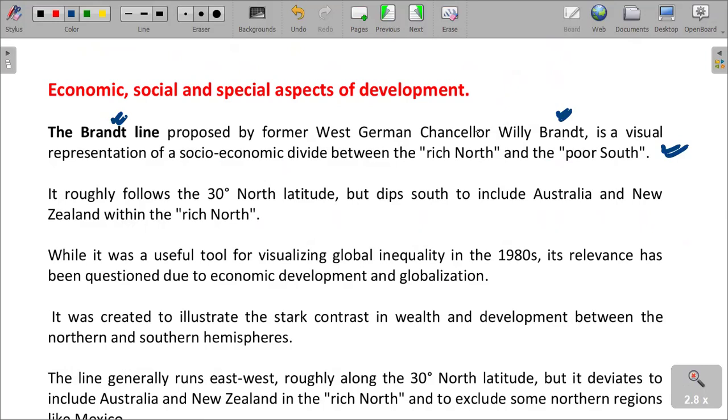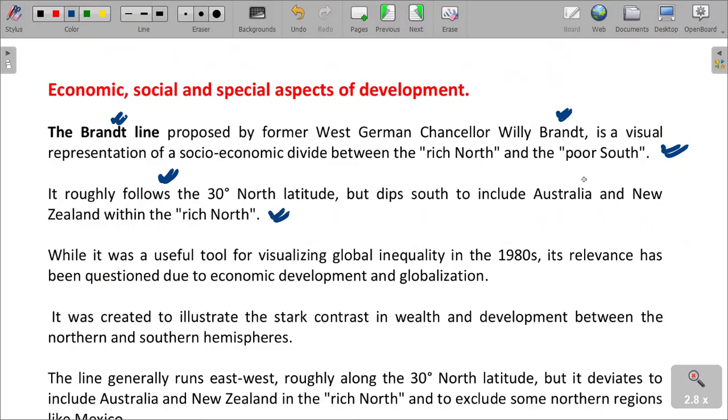The Brandt line actually proposes a visual representation which shows the rich north and poor south divide based on socio-economic factors. So it roughly follows the 30 degrees north latitude. Where is it found? It roughly follows the 30 degrees north latitude, but it dips south to include Australia and New Zealand within the rich north.